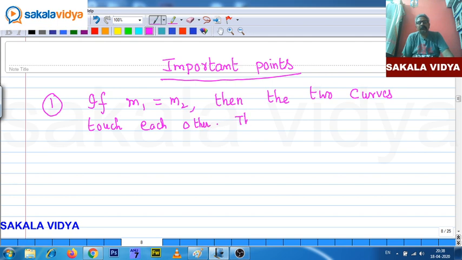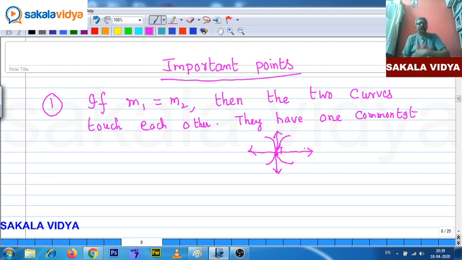They have one common tangent and a common normal also. Generally, like this, the two curves touch at point C, for example, one tangent, and one normal also we can find out. This is the normal, this will be the tangent, this is the normal.